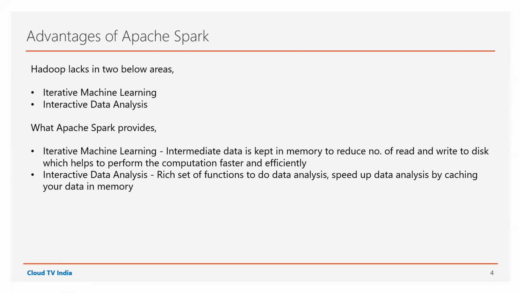We know in MapReduce we seek the disk, because we process sequentially in MapReduce. In interactive data analysis in Spark, we have a rich set of functions to do data analysis, and we speed up the data analysis by caching the data in memory.